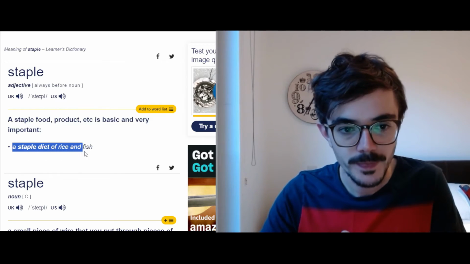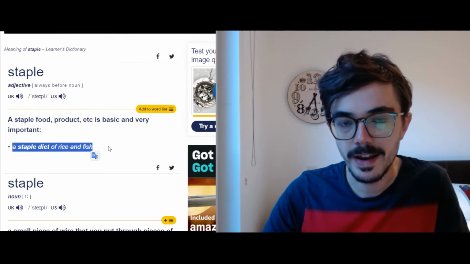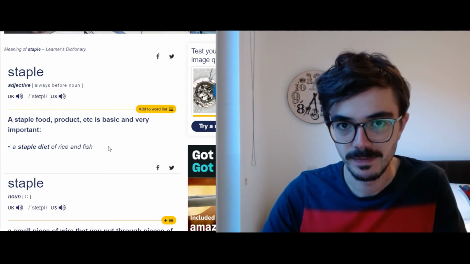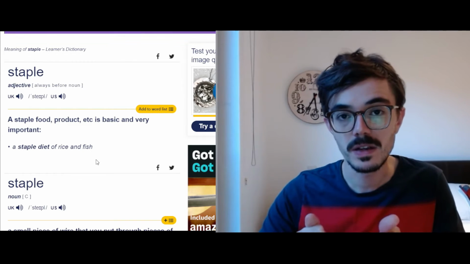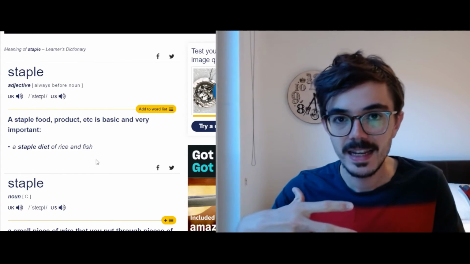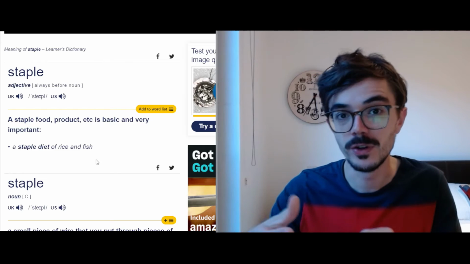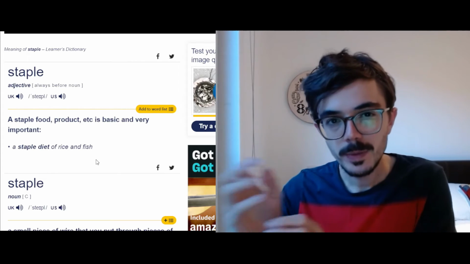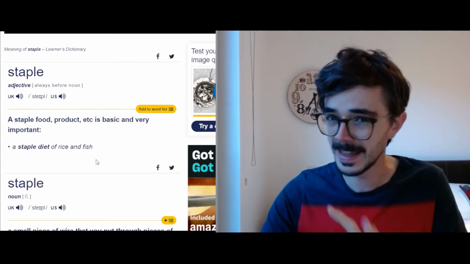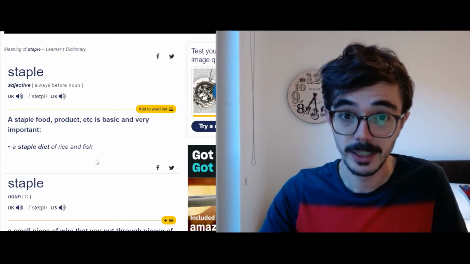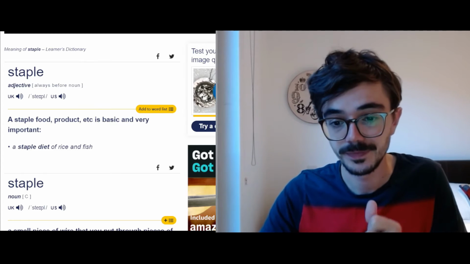An example, a staple diet of rice and fish. So staple can also be used to mean basic and common foods. It could be used for other things, but it's normally used for food. That's really the only time I've heard it used in this context.